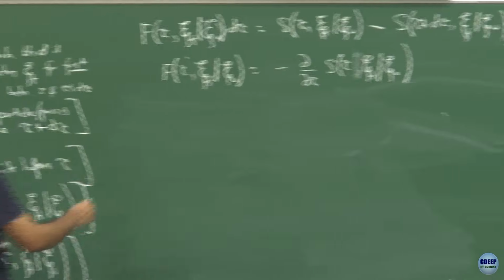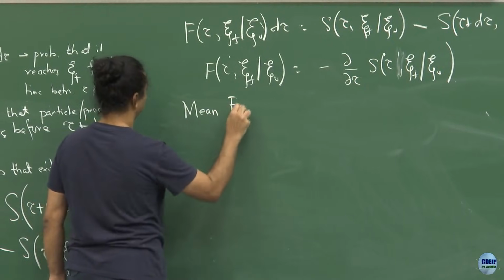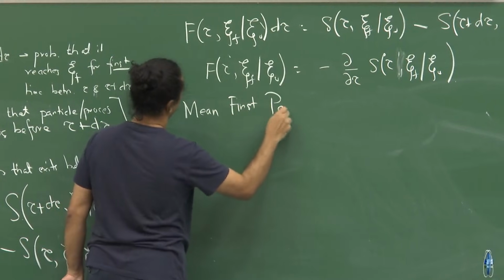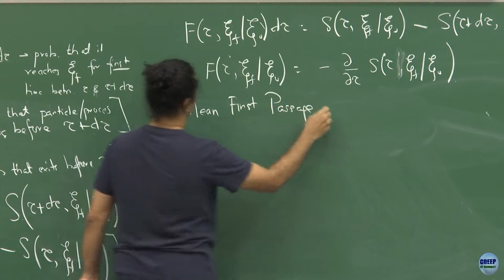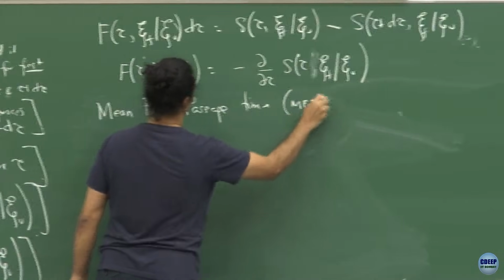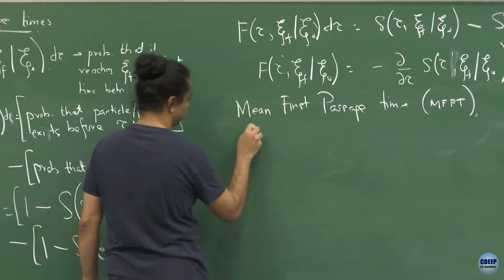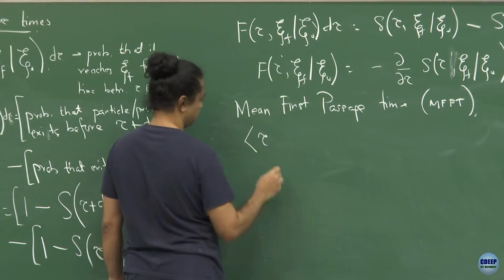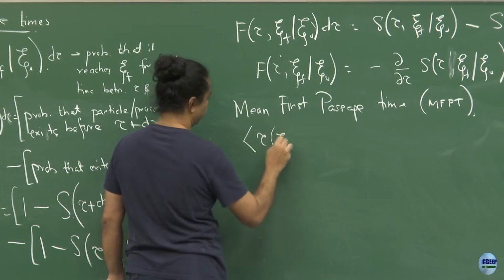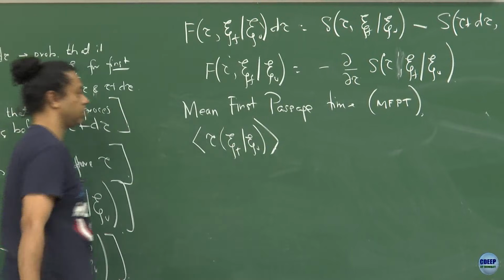So the first moment is the mean, so the mean first passage time, the MFPT. So I want to calculate this mean time tau when it reaches this xi_f for the first time, having started from xi_0, whatever.